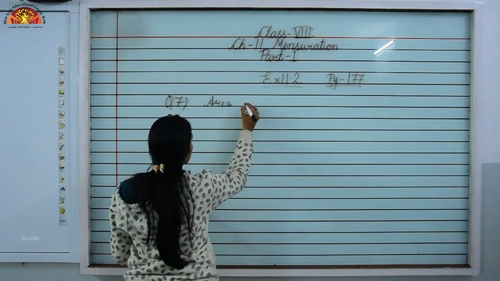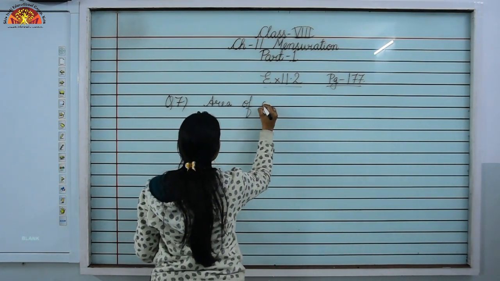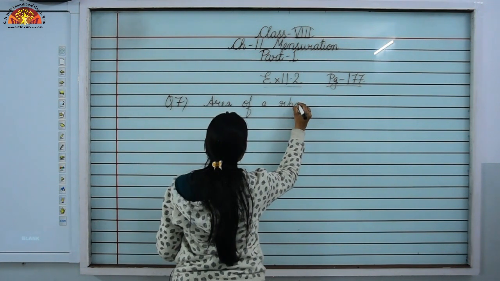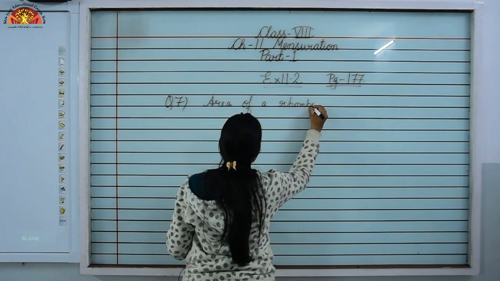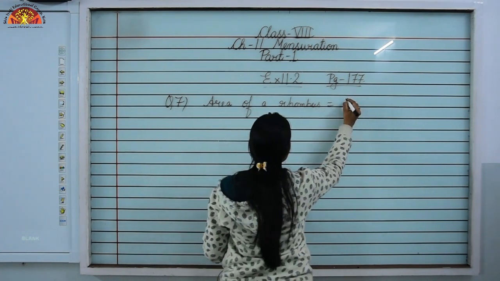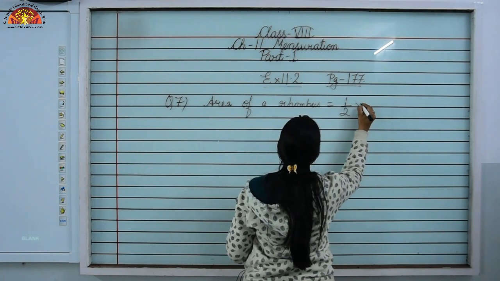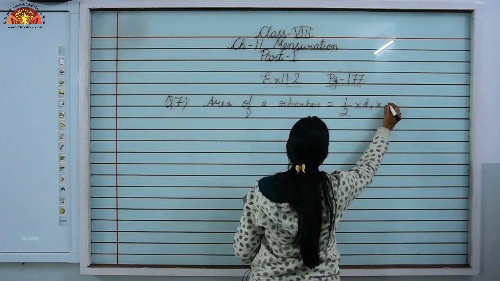As you know, the area of a rhombus is equal to half of the product of its diagonals.